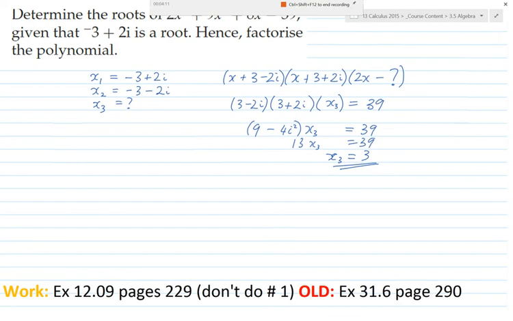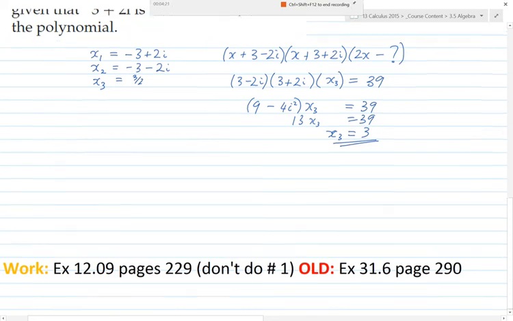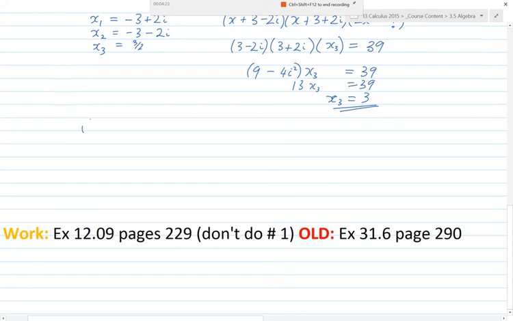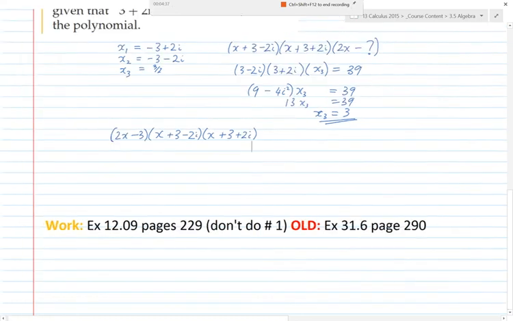That's our last root. Now it's asking us to factorize, so we write the whole thing out in full: 2x minus 3 times x plus 3 minus 2i times x plus 3 plus 2i. And that's all there is to it.